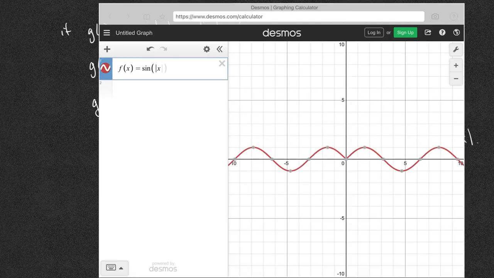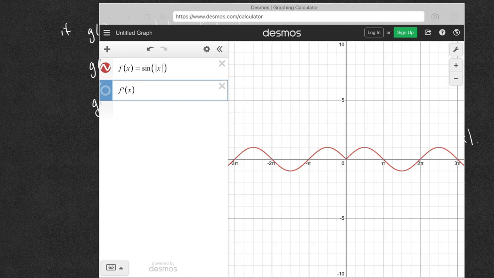This is the graph of sine of the absolute value of x. Normally, the graph of sine of x would go down here, but because we take the absolute value of x, it would look like the graph of sine of x from 0 to pi.